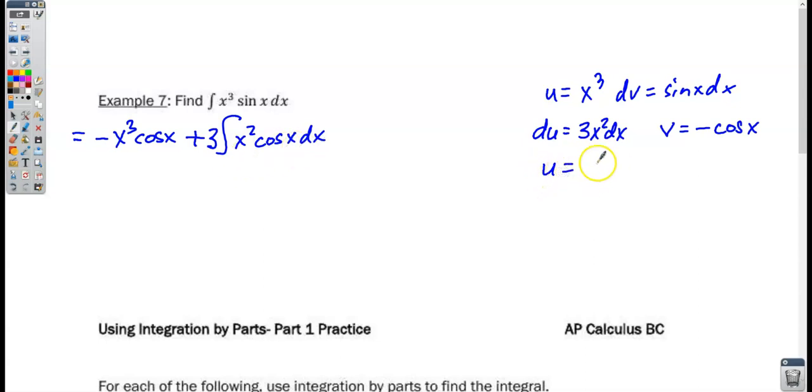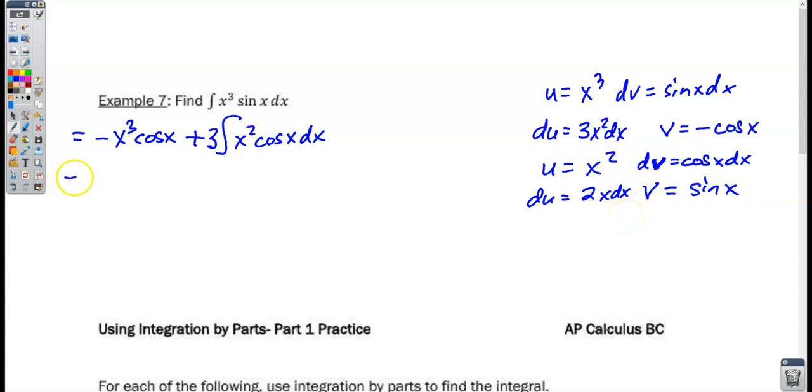So I choose my new u and my new dv. Take the derivative of u, take the integral of v, and then this is going to be, let's see, 3 times the quantity uv minus the integral of v du.